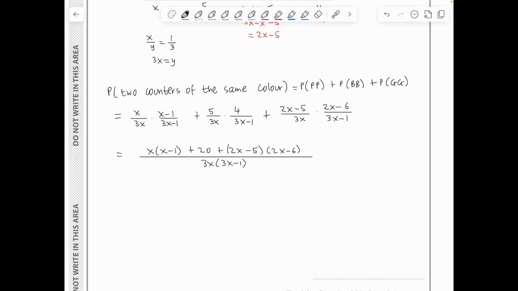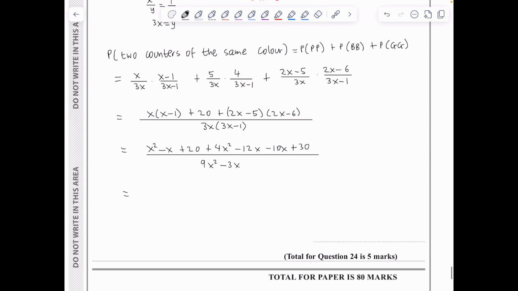The objective is to simplify this algebraic fraction, so we're looking at x² - x + 20 + 4x² - 12x - 10x + 30, and all of it divided by 9x² - 3x. Now we'll collect the like terms together, and this takes me to (5x² - 23x + 50) divided by (9x² - 3x).